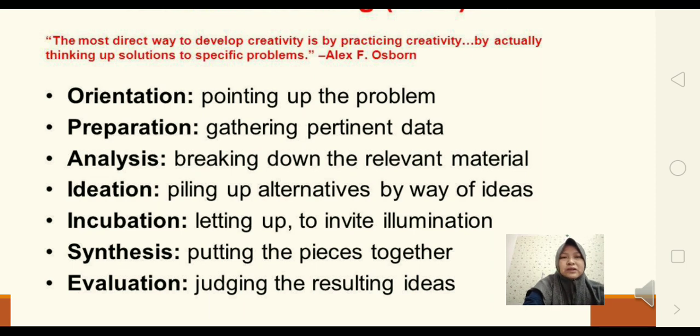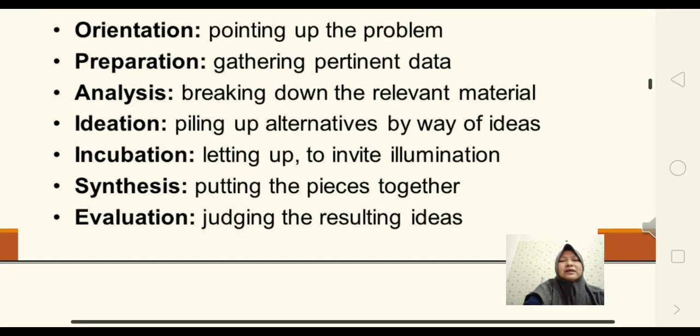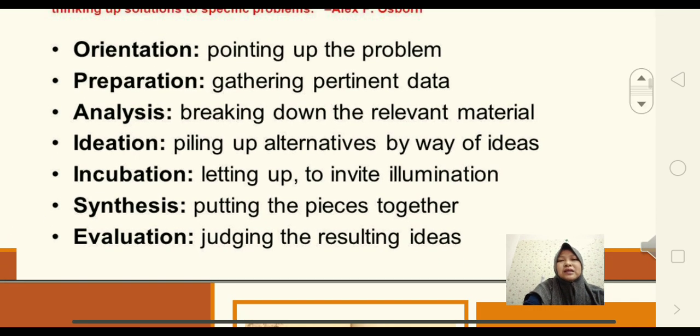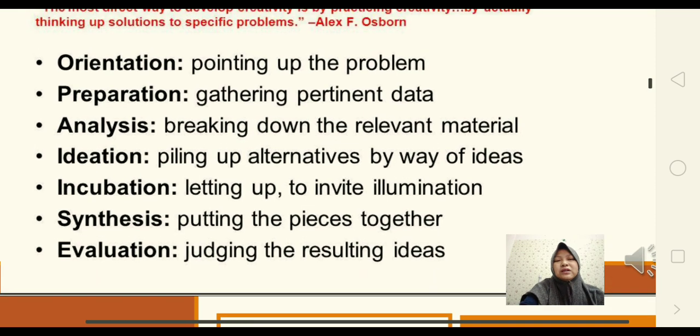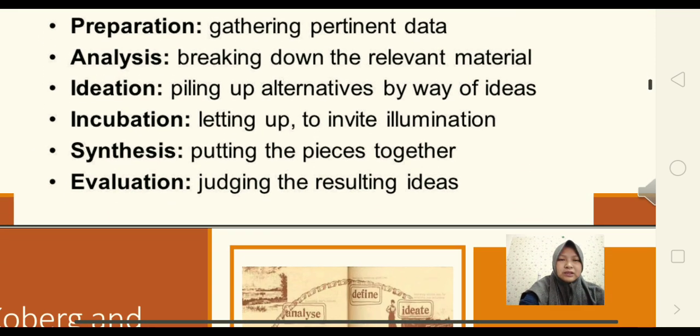Then you prepare the data, combine all of the data from each problem and do the analysis. Then you get the idea of what needs to be done. Then you set out the ideas, and then you synthesize, that is, you put the pieces together, put all of the ideas together into one solution, and then you evaluate the solution, whether it is good or not.